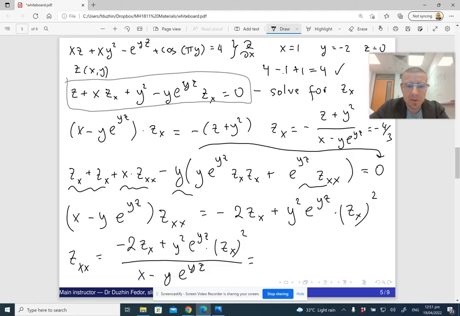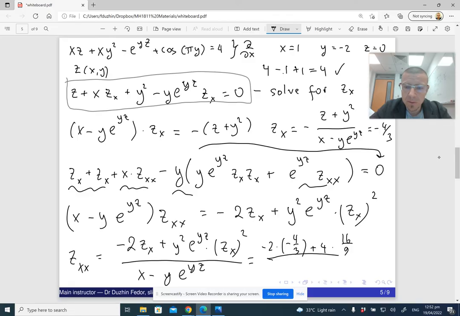And now I can plug in the actual values. So this is minus 2 times z_x, which is minus 4 over 3, plus y squared, which is 4, I guess. e to the 0 is 1, times z_x squared, which is 16 over 9.